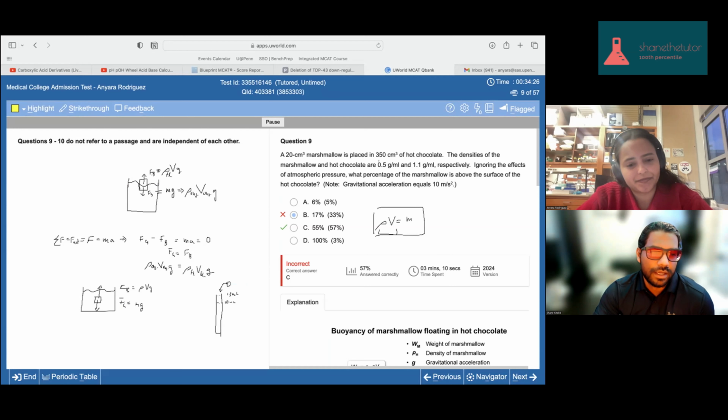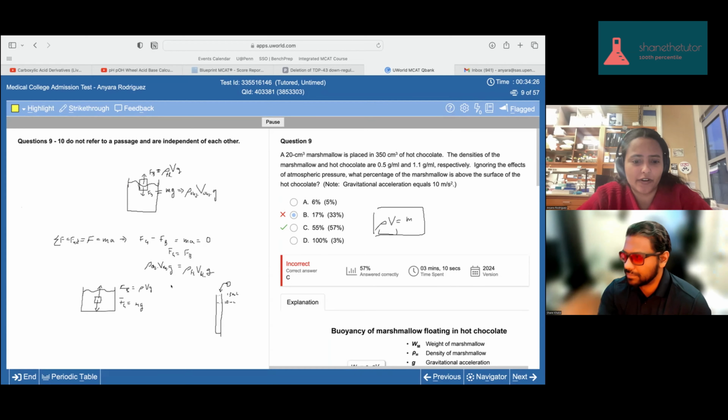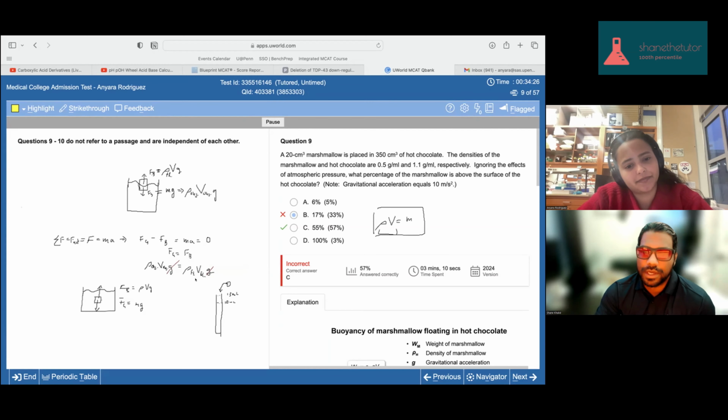Okay. What can we do here? Well, we can solve for volume of the fluid displaced. So we can get rid of the g's first, right? Okay. Now, for the next step, you said we can find what?